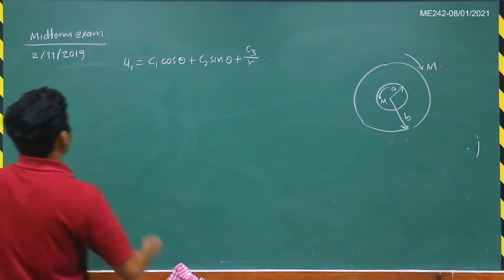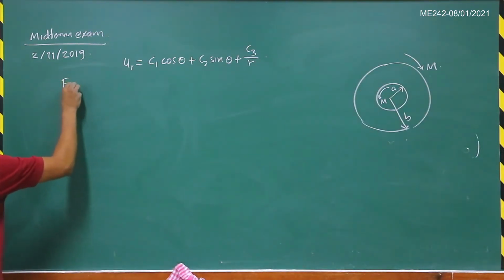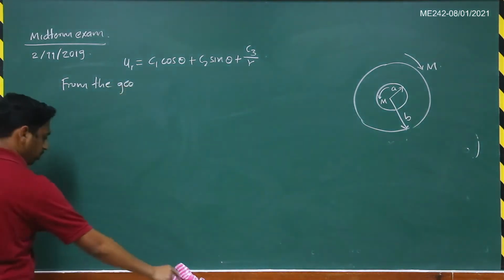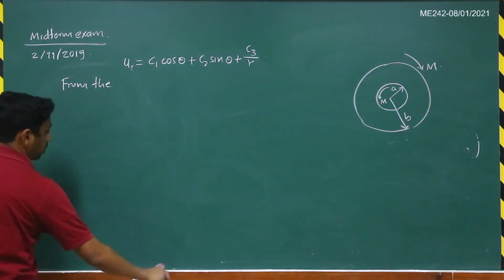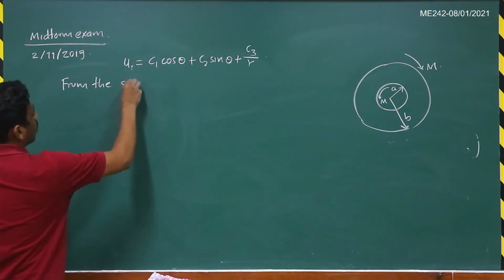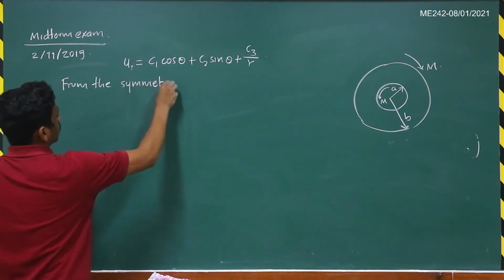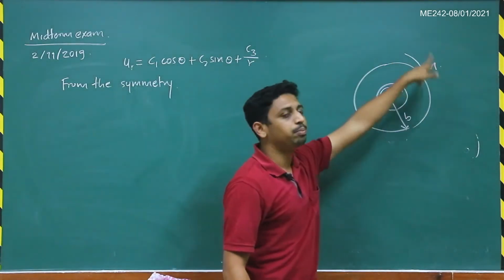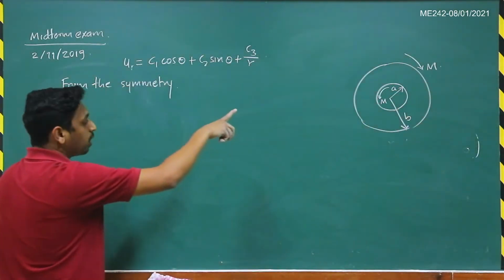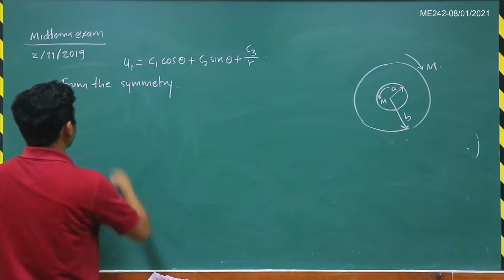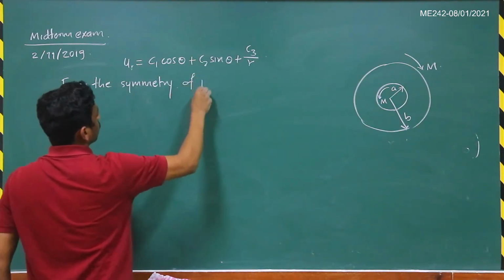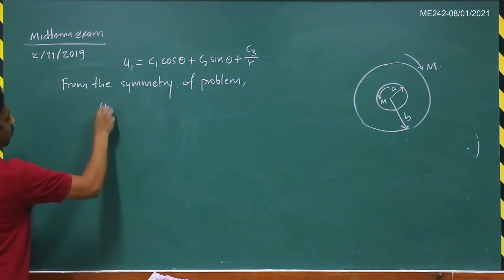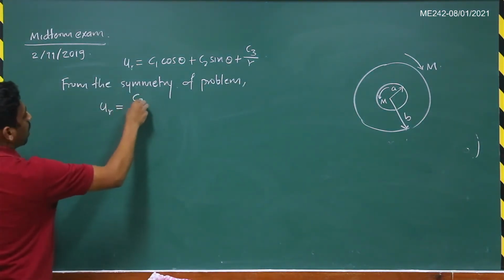So from the geometry, or from the symmetry of this problem, as the moment is applied on the surfaces A and B through tractions which are independent of theta, we assume that u_r is a function of r alone.